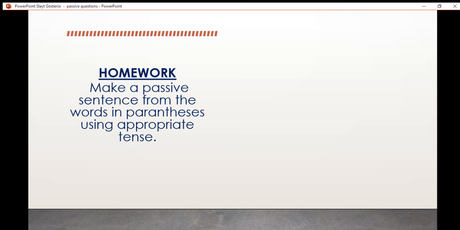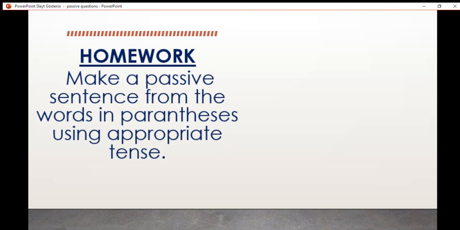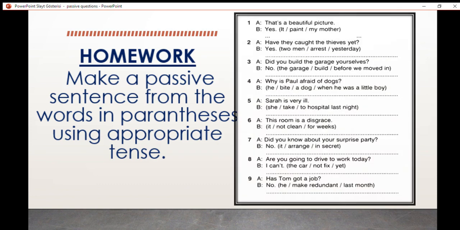Now, moving on to the homework. We are going to make sentences using the passive structure and the appropriate tense.